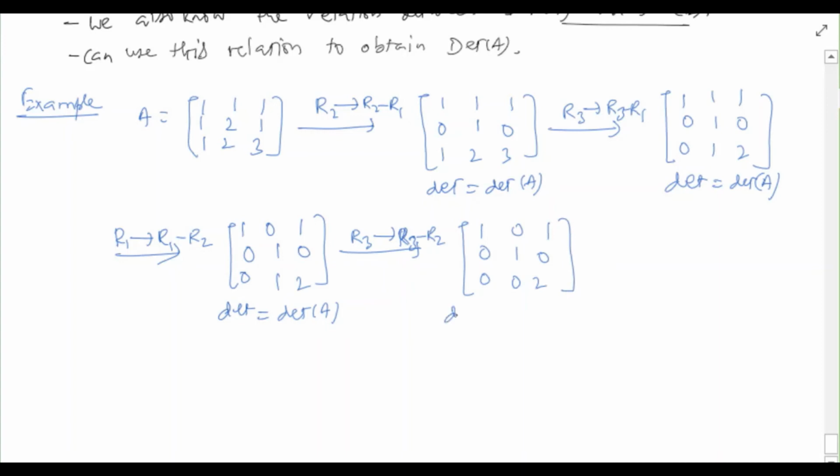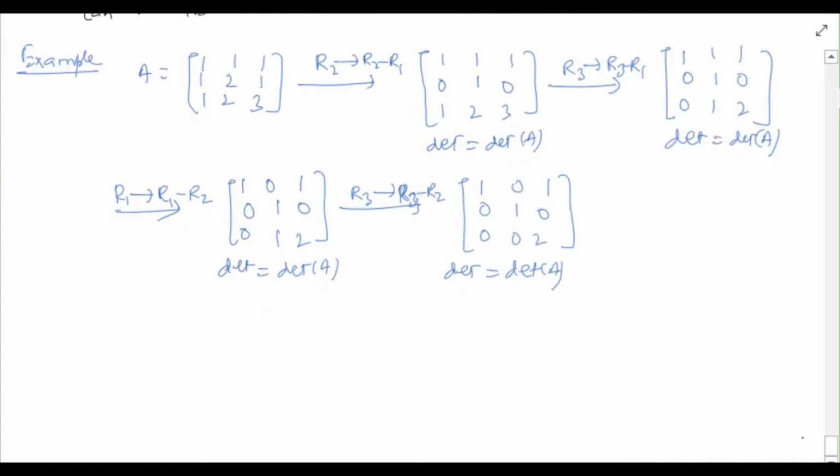This operation also doesn't alter the determinant. And now we have an upper triangular matrix, so we can stop the Gaussian elimination process and can also readily compute the determinant of this terminal matrix as 1 into 1 into 2, which is 2. So this way we see that determinant of A is 2.